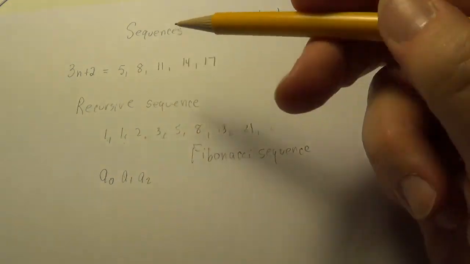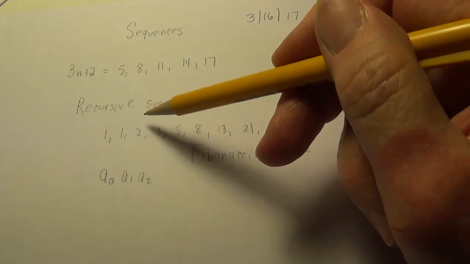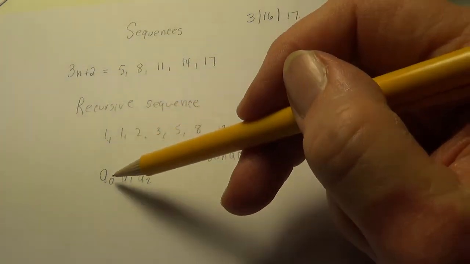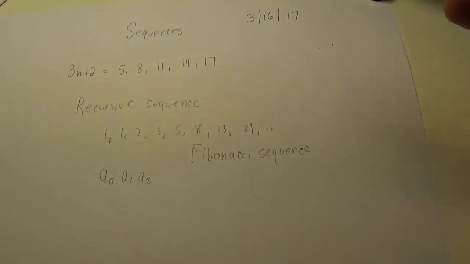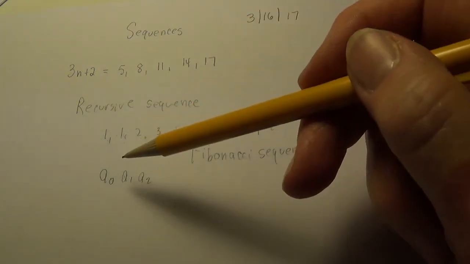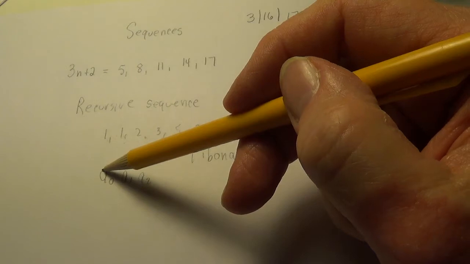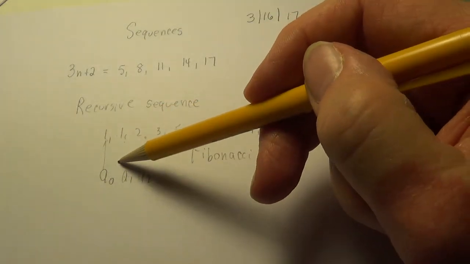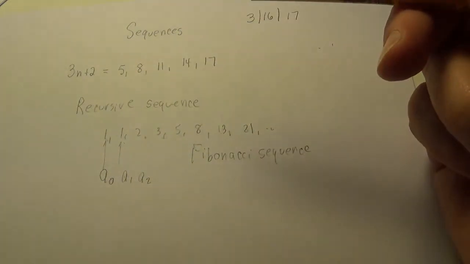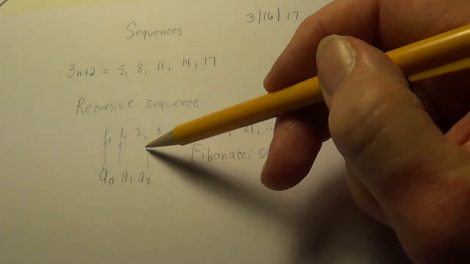Well, how do you know if the sequence starts out with a sub 0 or a sub 1? If it doesn't say, just go ahead and start out with a sub 1. But a sub 0 is going to designate the first term in this sequence, and a sub 1 is going to designate this one, and so on.